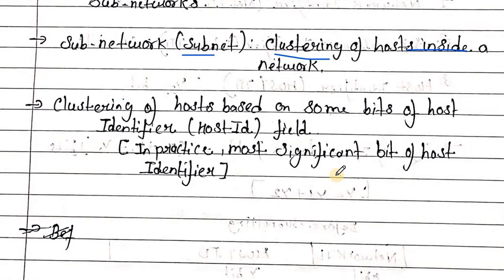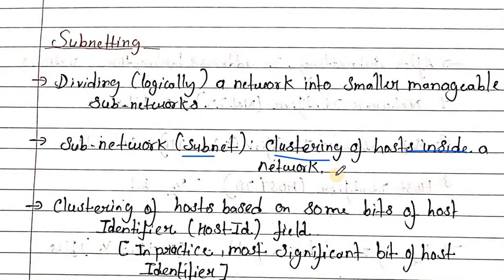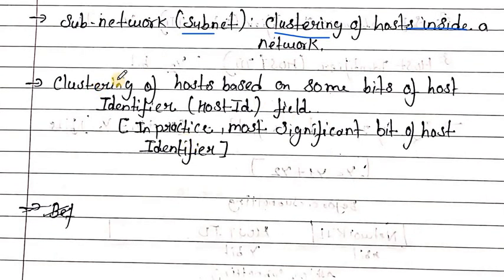Means there is a network, we have the network ID and the host ID, and we cluster the hosts on the basis of the subnetwork. You will understand it later carefully. Clustering of the hosts is based on some bits of the host identifier field.